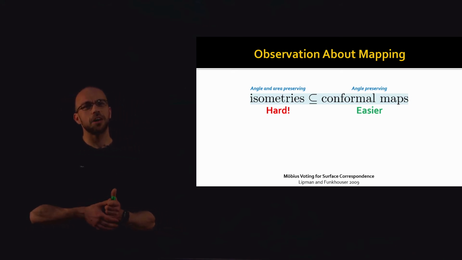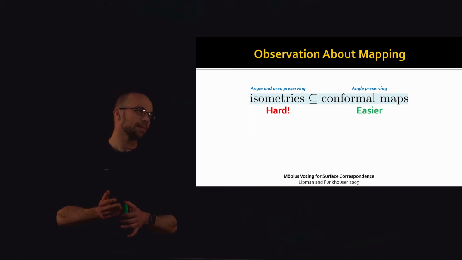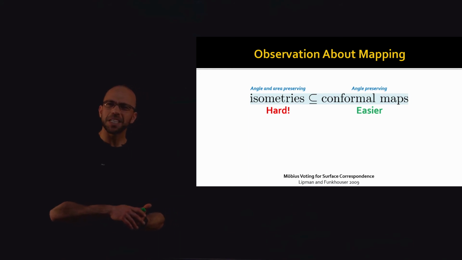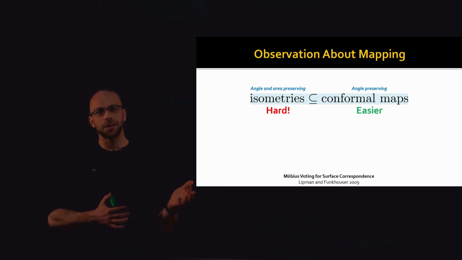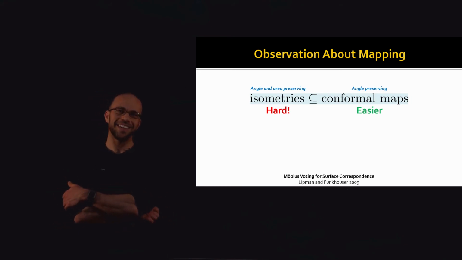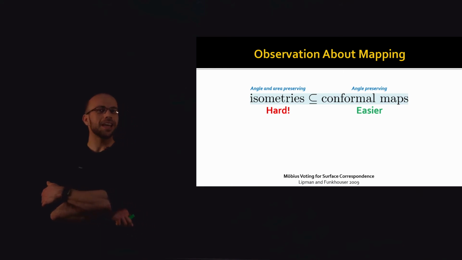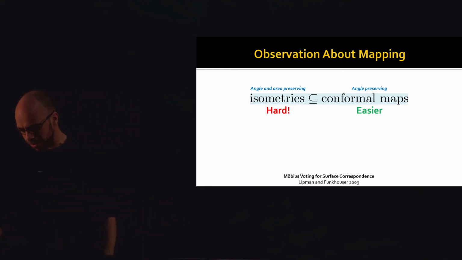And it turns out that computing conformal maps between surfaces or from a surface into a canonical domain like the plane or a sphere is a much easier problem and a really, really well-studied one in graphics. In fact, this work dates back to 2009, which is quite a long time ago in graphics language. But even since then, there has been a ton of work on conformal parameterization and even more detailed mapping techniques for conformal surface geometry.